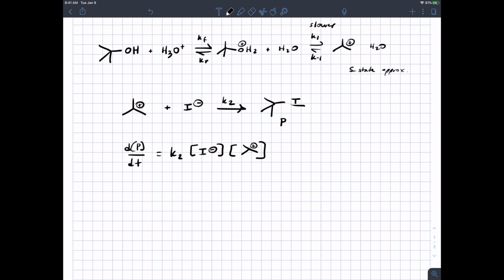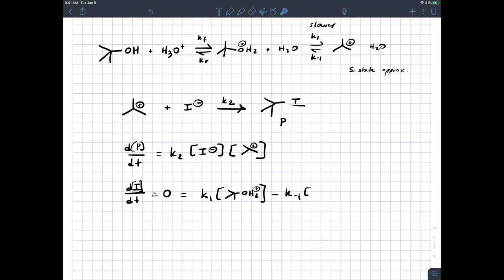All right, let's do the steady state approximation. Let's say that d[I]/dt, the change in concentration of the intermediate with respect to time, equals 0. Now we're going to sum all of the terms that lead to that intermediate. The first is k1 times the concentration of our protonated alcohol. The second is k-1 times the concentration of, oh sorry, I'm making stuff up here.